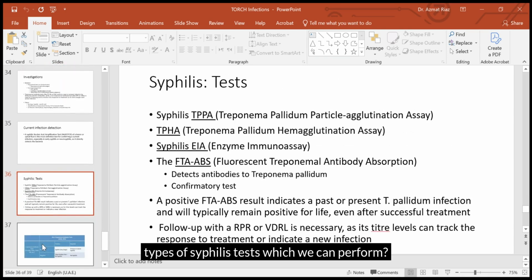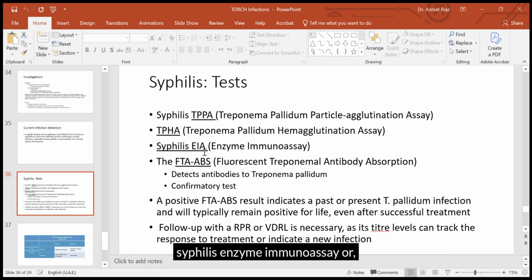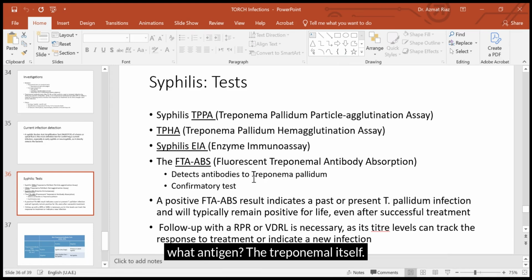Now, what are the different types of syphilis tests which we can perform? The first is the Treponema pallidum particle agglutination test, TPPA, or the Treponema pallidum haemagglutination test, TPHA, or the syphilis enzyme immunoassay, or the fluorescent treponemal antibody absorption test. What do they detect? Antibodies to the treponemal antigen itself.